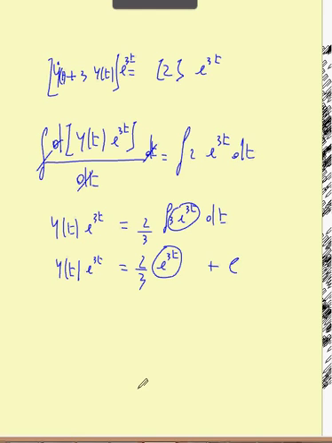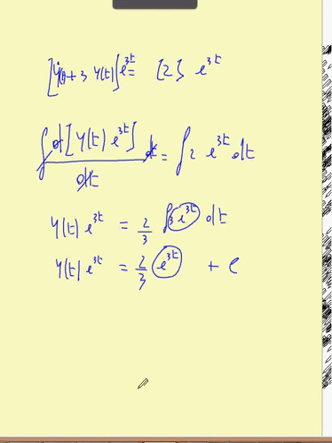So the general solution is y of t equal to 2/3 plus c e to the power of minus 3t. This is the general solution.